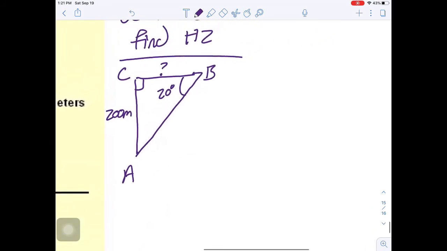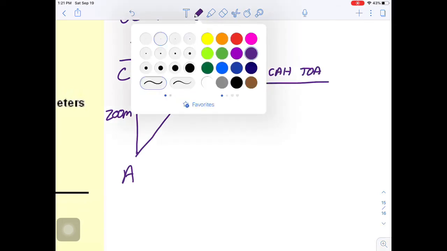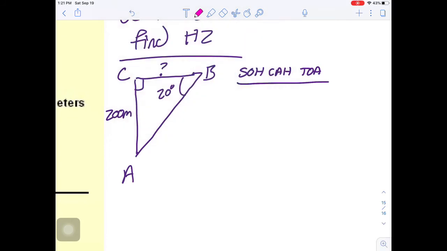Well, hopefully you can see we've made this a lot simpler, and now you have an angle and a side length, so we can determine which trig ratio to use. Let's first note everything that we know. As soon as you get a right triangle, what do we find? The hypotenuse. The hypotenuse is opposite that 90 degrees. So this is your hypotenuse.